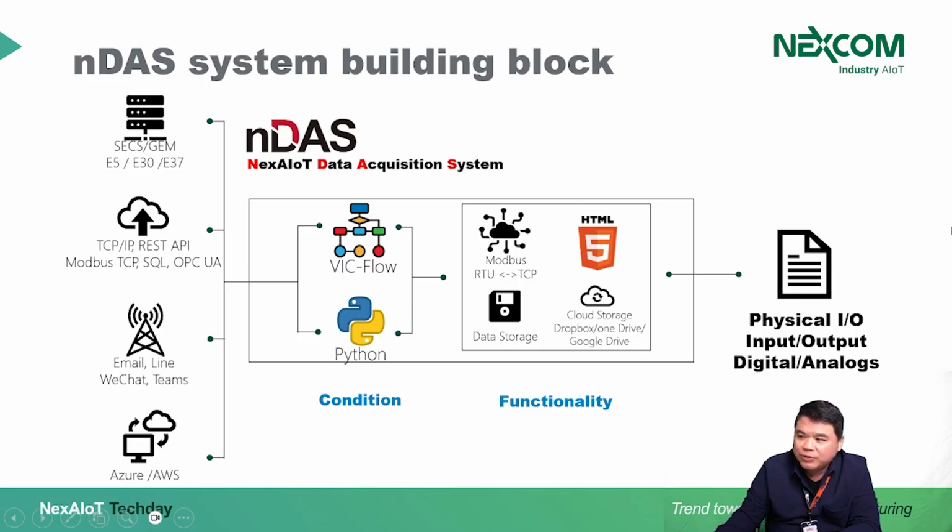And we have standard built-in RTU and TCP. If you want data logging, we have local, internet, and intranet. If your I/O needs condition judgment, we have VIC-Flow, and if your function block is not enough for you, Python. And we have a lot of social media and protocols. You can easily input or output the data.